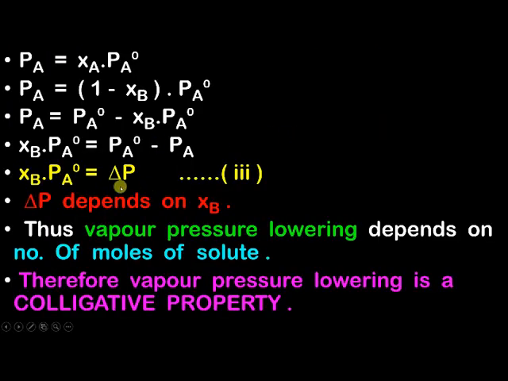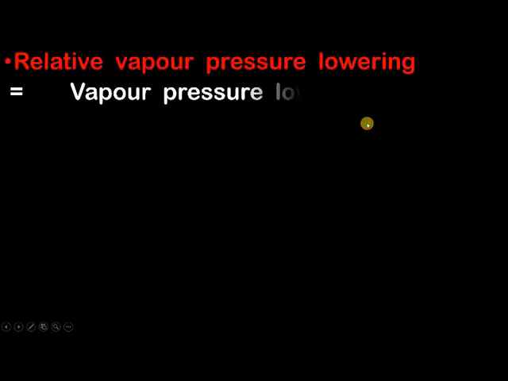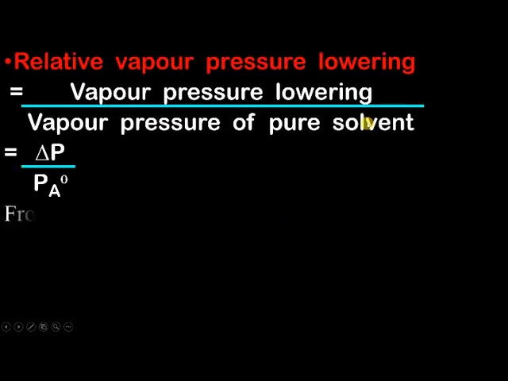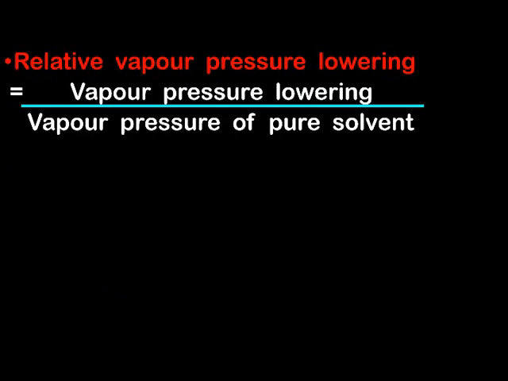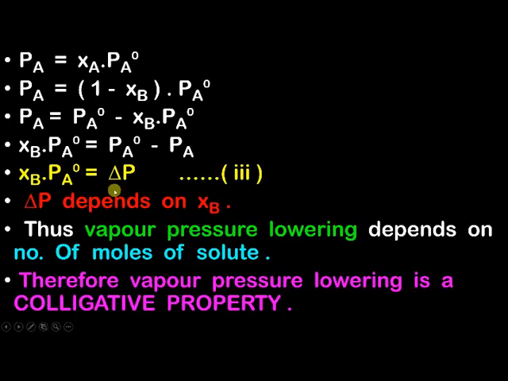Okay, now further on, guys, from equation number 3, what we get is that the value of delta P is nothing but XB into Pa naught. So from this, can I say that XB is equal to delta P upon Pa naught? How do I get this value? See, in this equation number 3, XB into Pa naught is equal to delta P. Am I right?